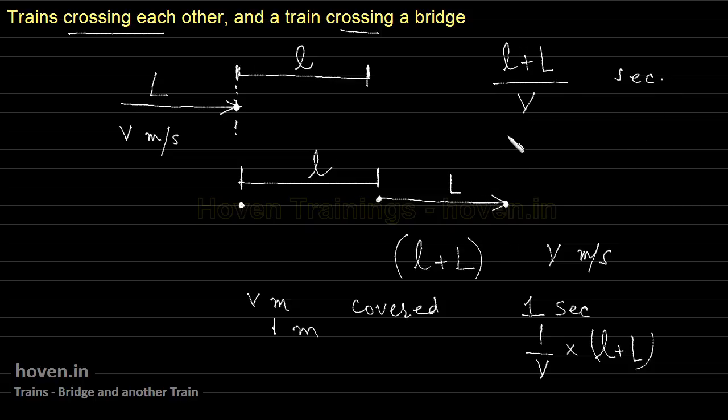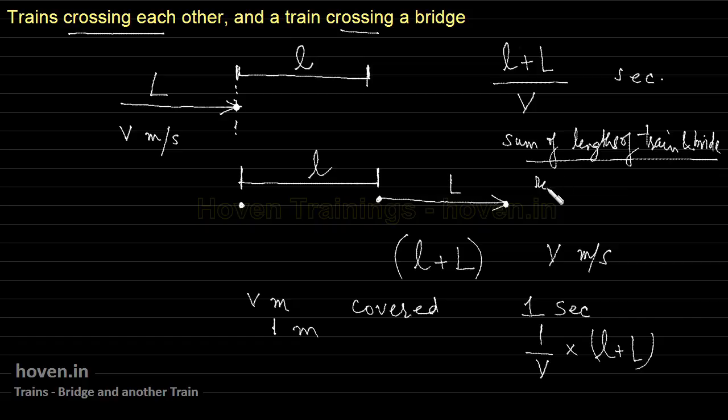We can put it in simple language as the sum of lengths of train and bridge divided by the relative speed of train with respect to the bridge. This is the most general form.